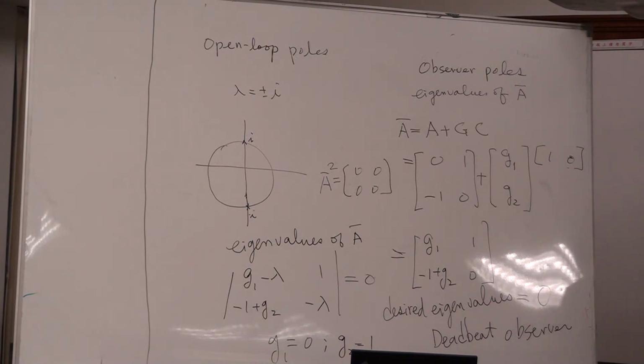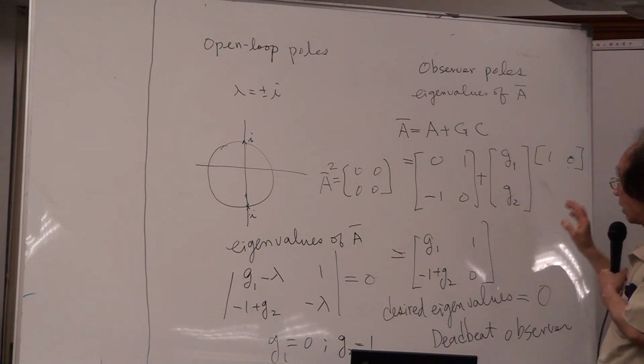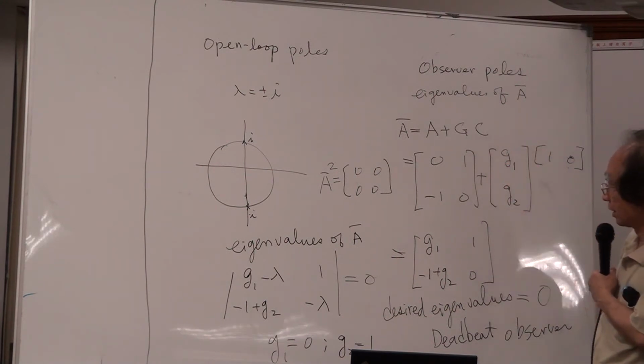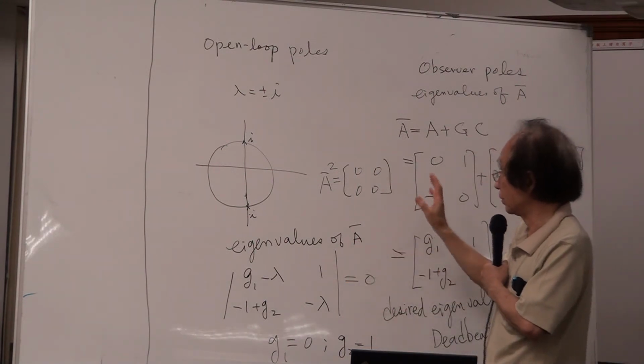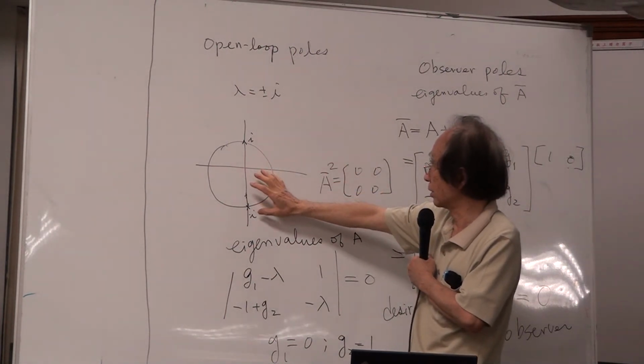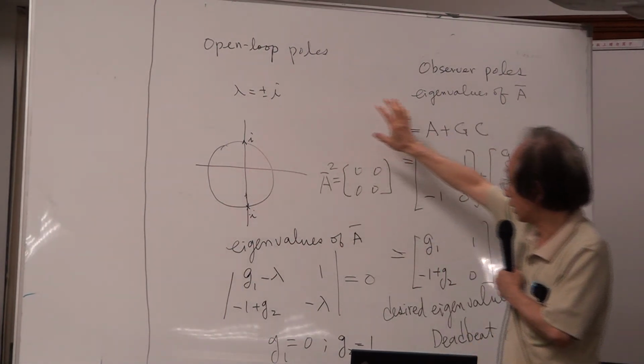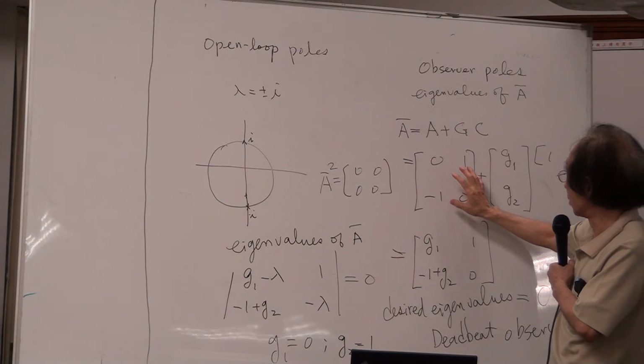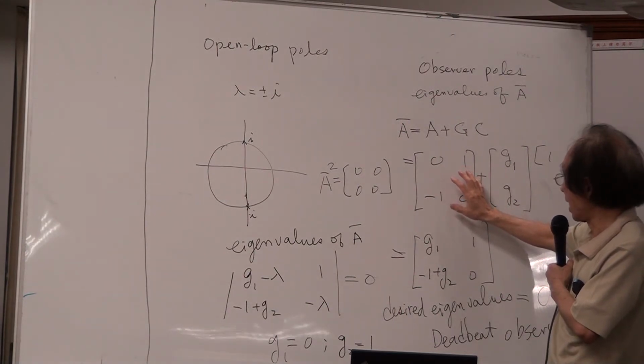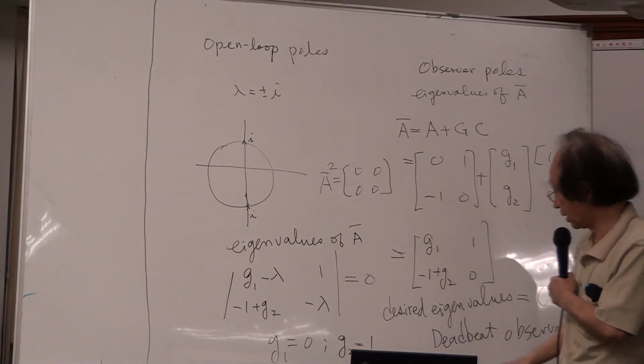So the same placement technique applied to the observer problem means we move the open loop poles to the observer poles, and those observer poles are all 0, 0.